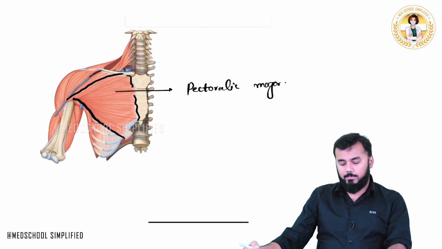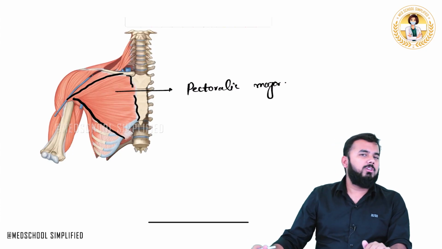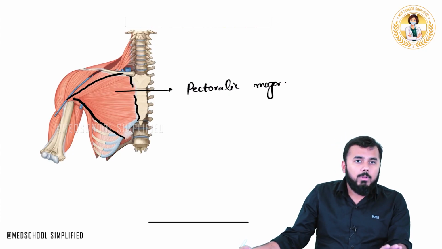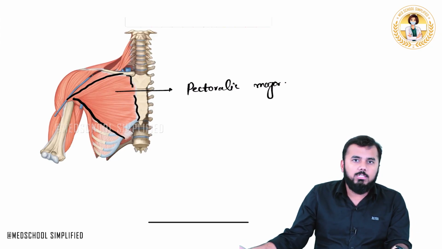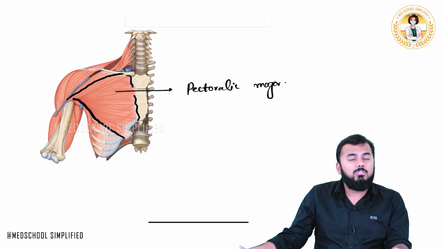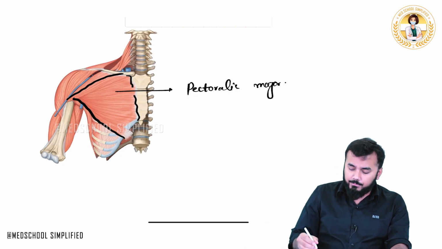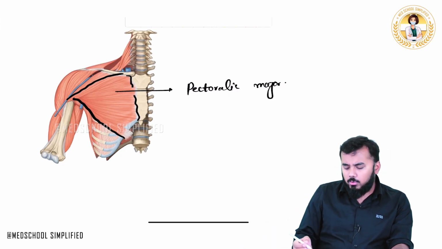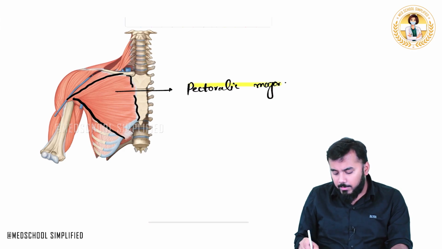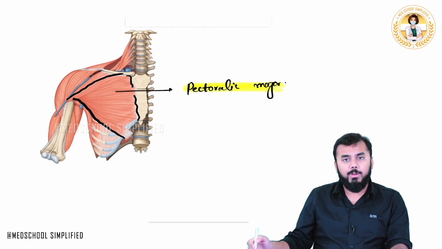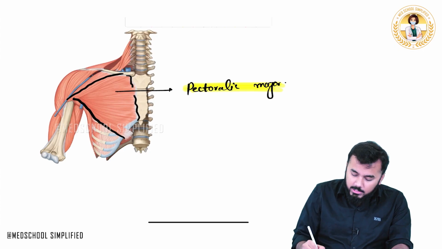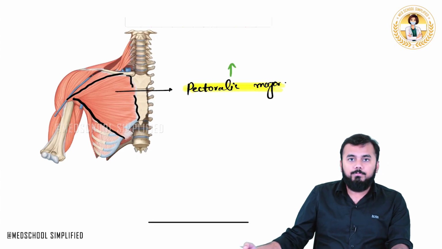Origin and insertion: you need not know the origins and insertions, because in the upcoming exam no one is going to ask you the origins, but you have to know the insertions of the most important muscles. For example, you need not know the origin of pectoralis major, but you have to know the insertion of pectoralis major. Now what is the insertion of pectoralis major, guys?